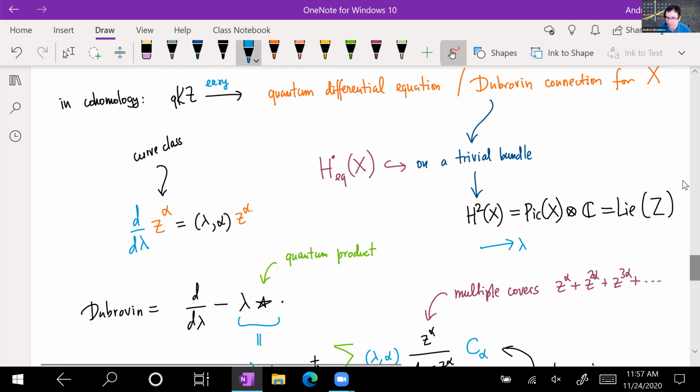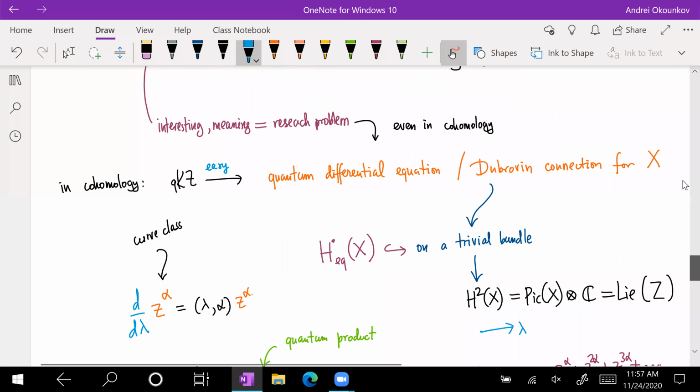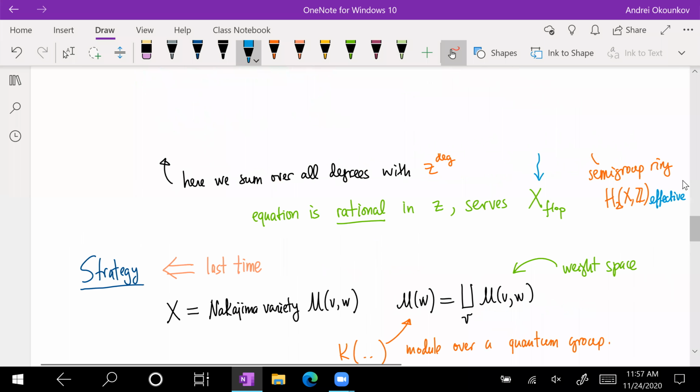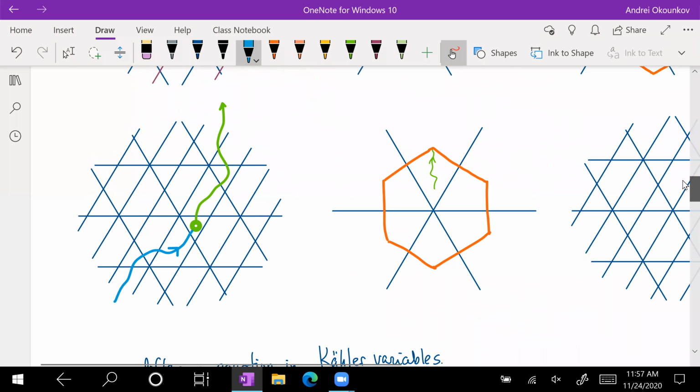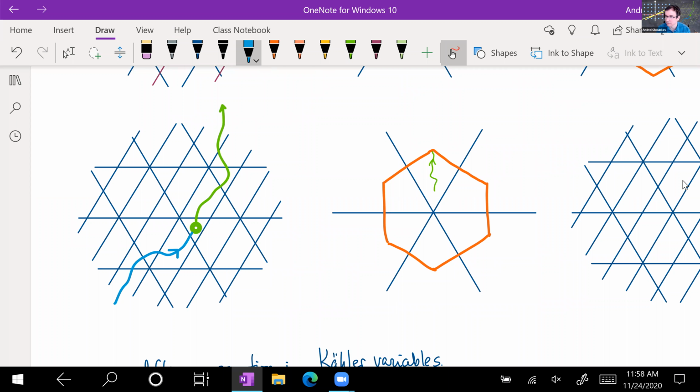So about the cohomological case, first of all, the QKZ, isn't it supposed to be in covariant variables? Yeah, it's in the covariant variables. But those are the curve classes, which are the base of the bundle, no? The connection.